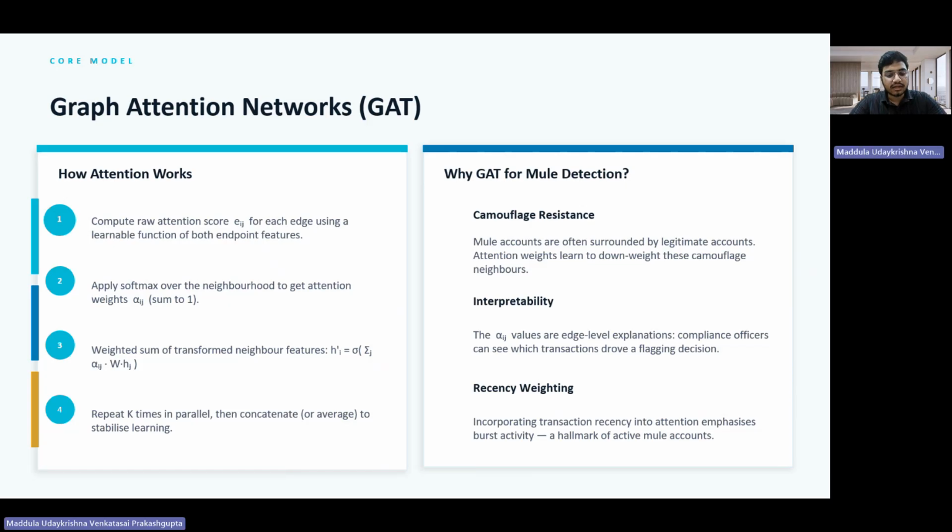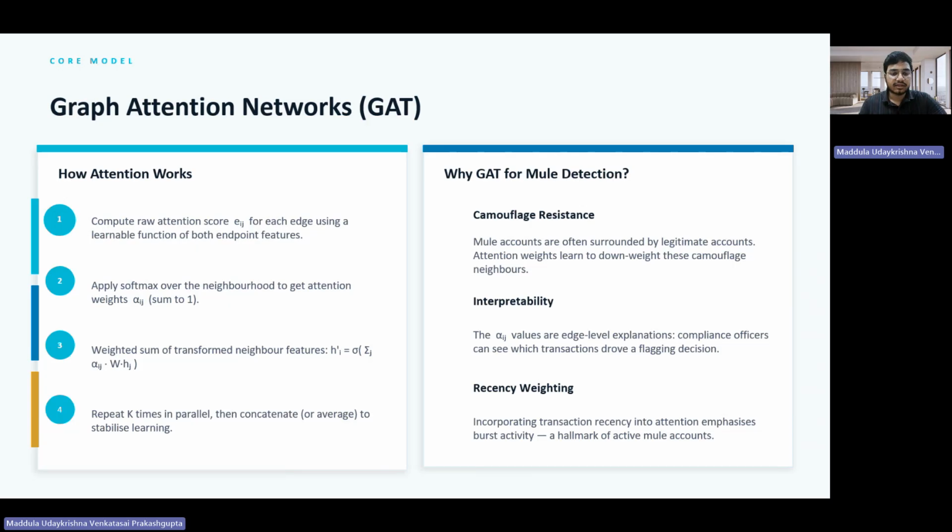It does not consider any irrelevant neighbors. It focuses on suspicious interactions and it provides interpretability. This is crucial because mule accounts are often hidden among legitimate ones. As we have already seen, the percentage is very low, less than 0.5%. So it is very important to extract patterns to detect those mule accounts.